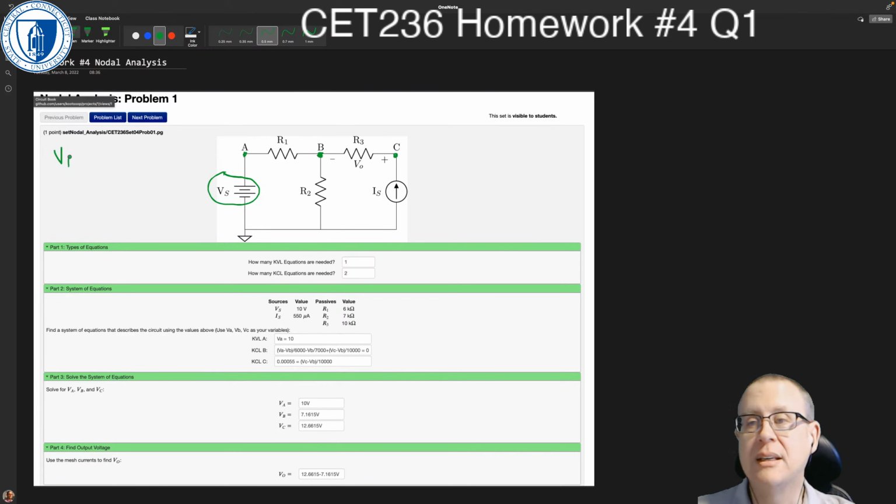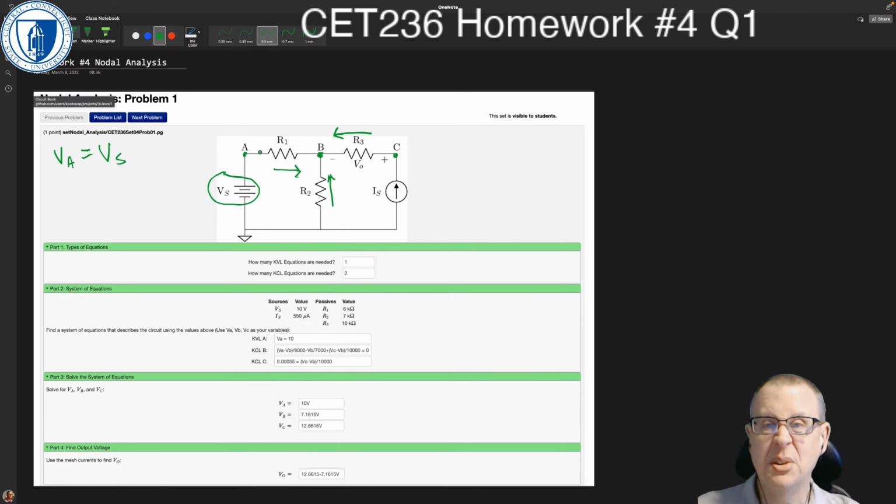So VA equals VS is our KVL equation. And the others will be our KCL equation for B and our KCL equation for C. Okay, so IR1, IR2, IR3, and we've got our voltages that way, and yeah, V out is correct.